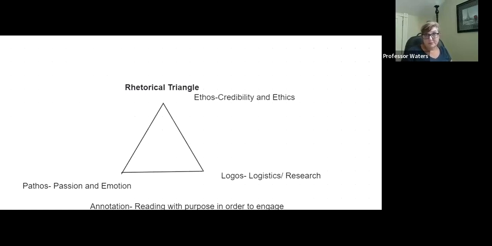Logic. Is it logical? Is the information that you're utilizing logical? Because again, I'm going to go back to the fact that we're logical creatures. Does it make sense? And if not, you need to question it. Questioning is a huge part of academic writing, and it's okay to ask questions. And it's okay to answer questions.